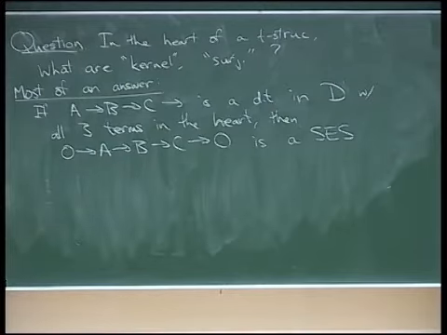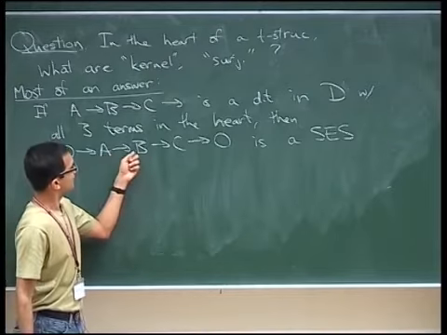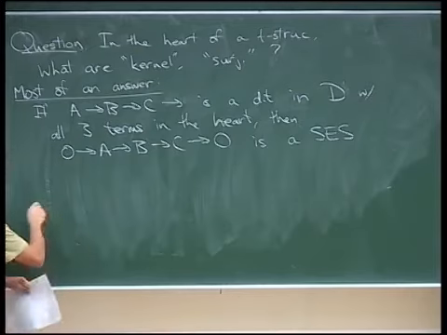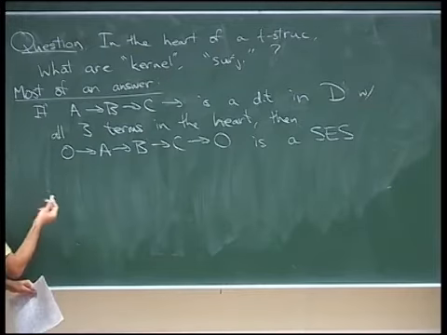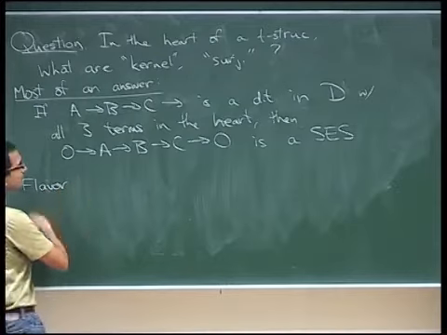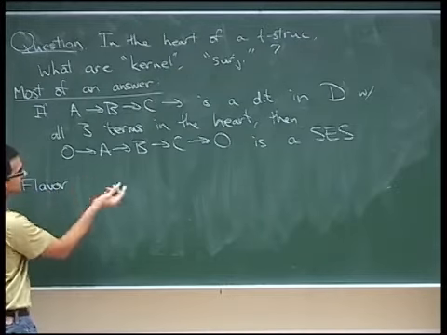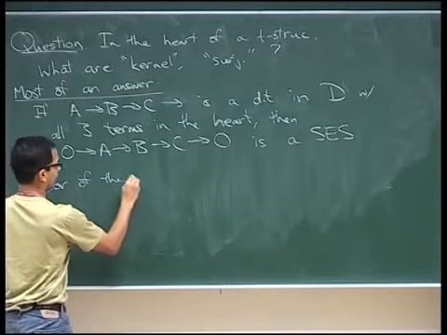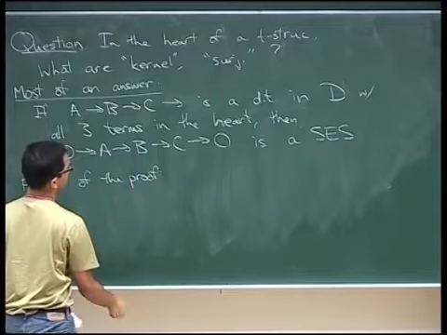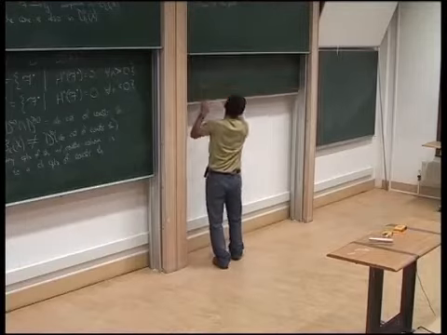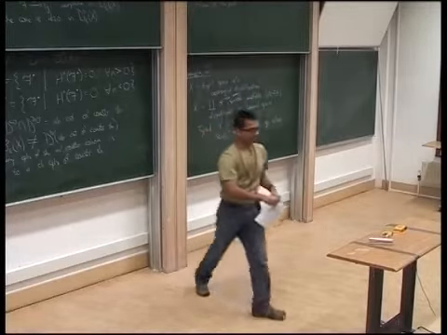That is, we need to prove that the map from A to B is the categorical kernel of the map from B to C. To give you a flavor of the way the proofs of these kinds of things work, I'm going to sketch a proof of a lemma on the way to proving this, which is also important in its own right.